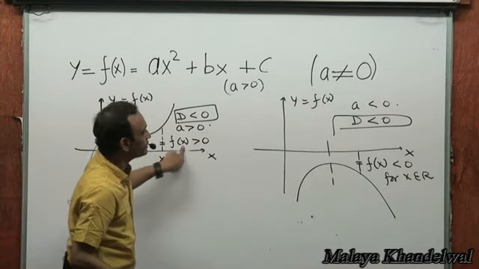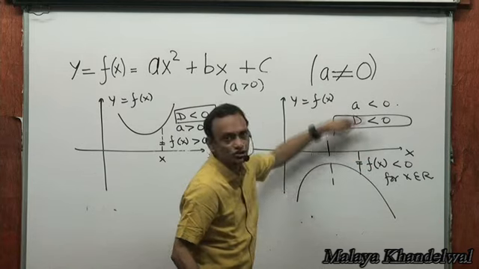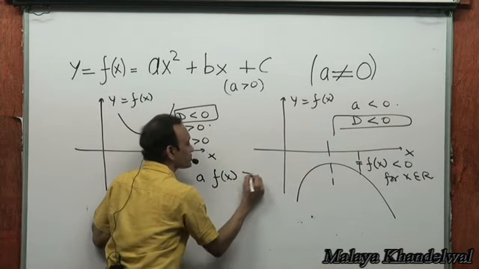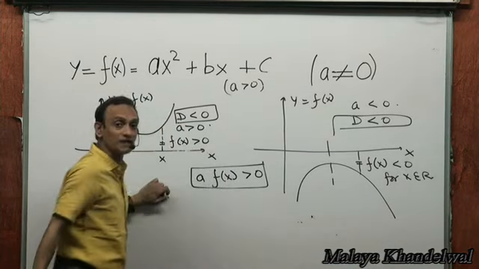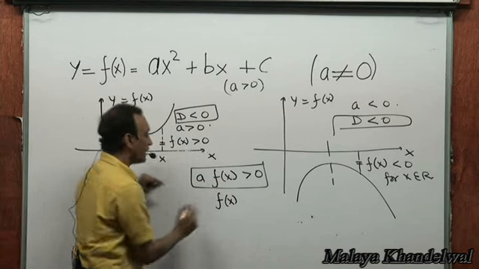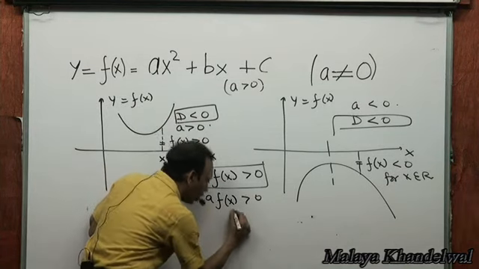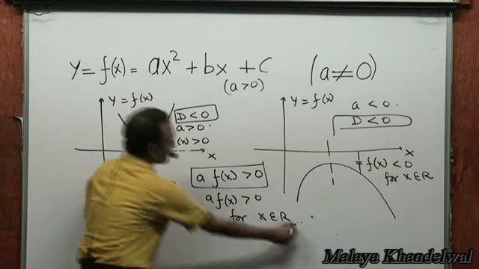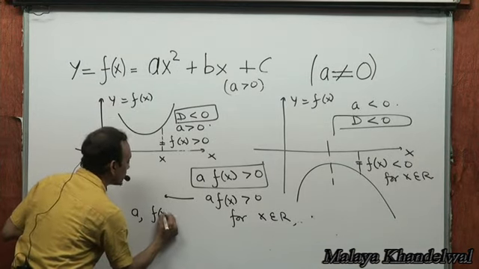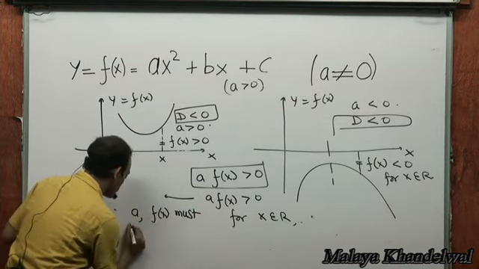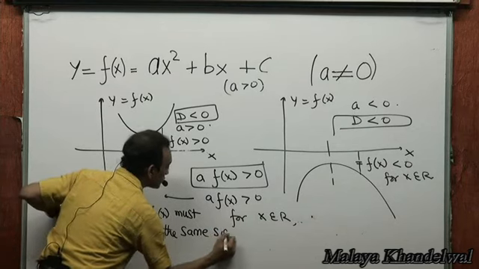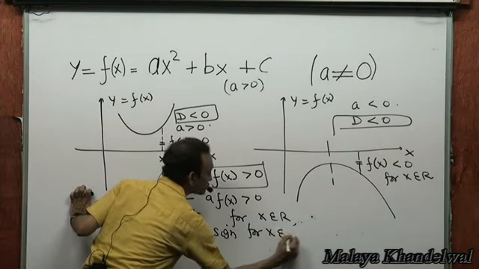a into f(x) is positive here, and a less than 0, f(x) less than 0, that means a into f(x) is positive. That means if you find that a into f(x) is positive, a and f(x) must be of the same sign. If you find for a quadratic expression f(x), a into f(x) greater than 0 for all real x, then you can conclude that a and f(x) must be of the same sign for any x belonging to the set of real numbers.